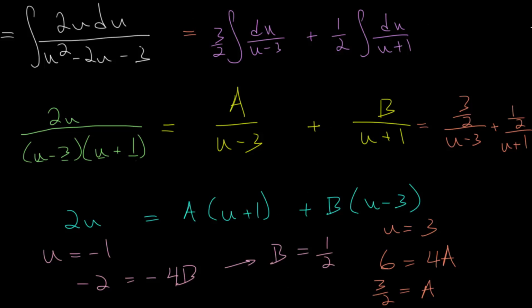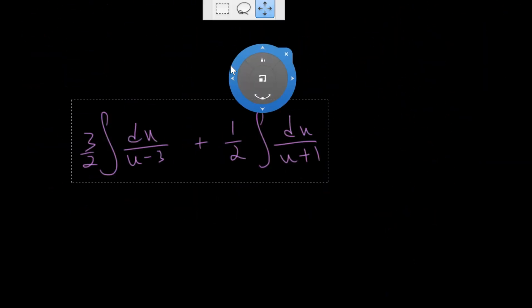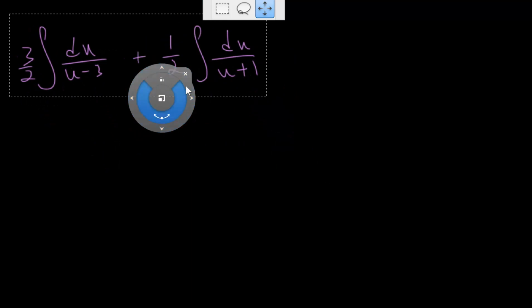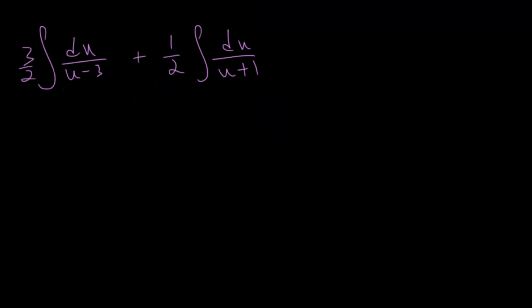So let's start by making a little bit of room, and we can paste in a picture of our integral so that we have some space to keep working. Now, from here, we can use another substitution for each of these integrals, though you might know the pattern. Each of these are going to be natural log integrals, since we have u to the first power.